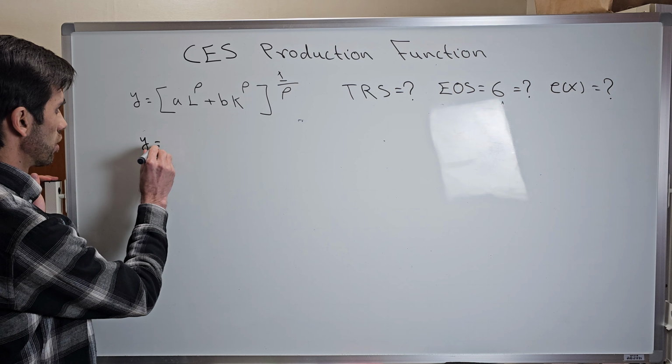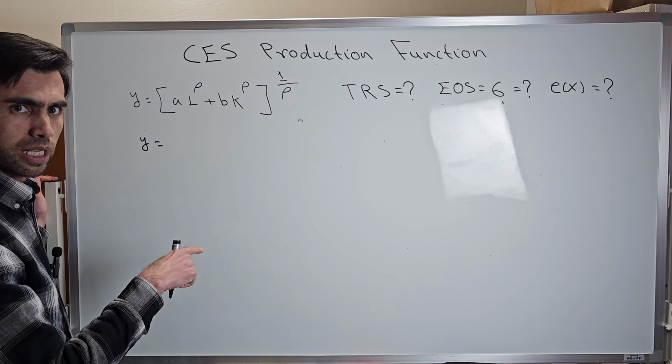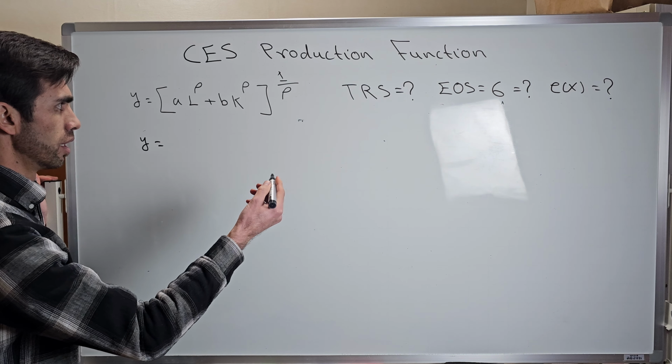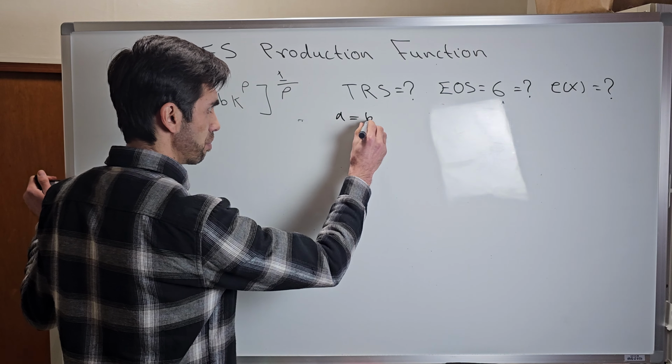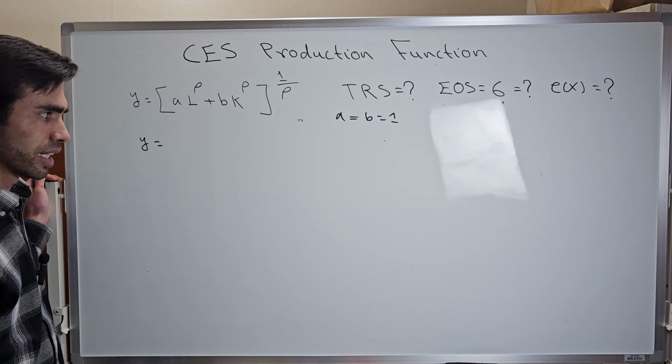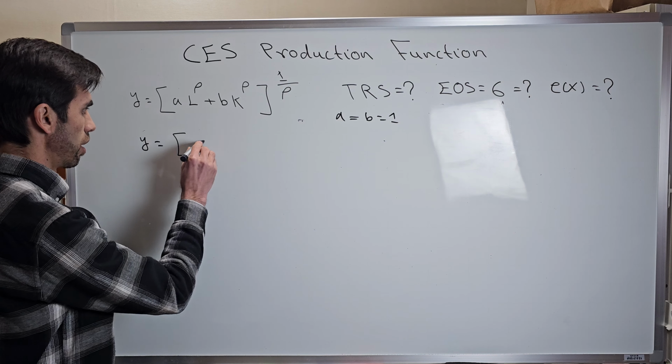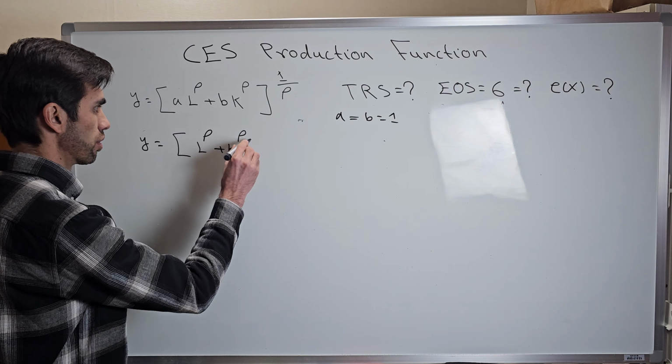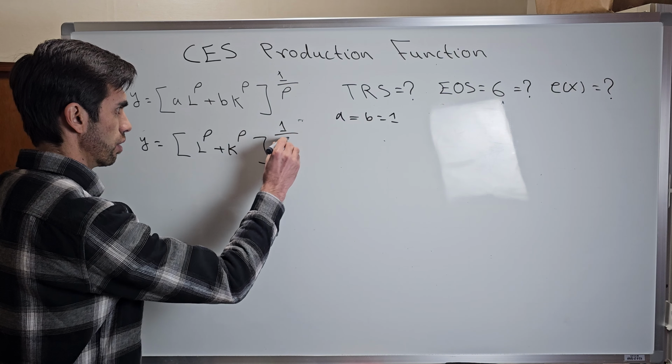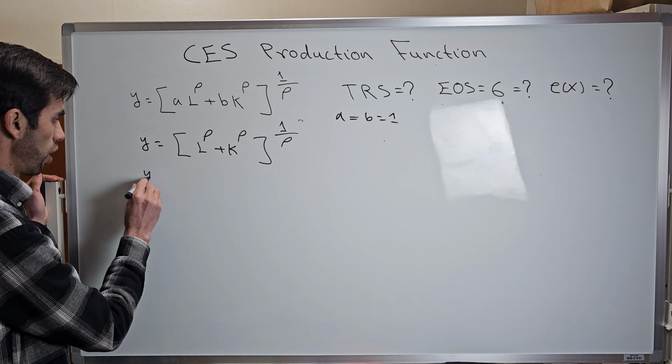Again, if we consider the condition a equal to b equal to 1, we'll have L to the power of rho plus K to the power of rho all to the power of 1 over rho. And if we scale up, then Y(t) is equal to TL to the power of rho plus TK to the power of rho all to the power of 1 over rho.